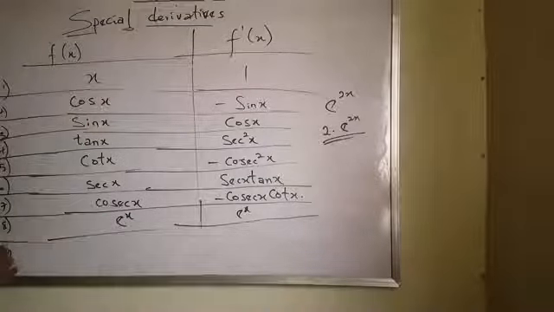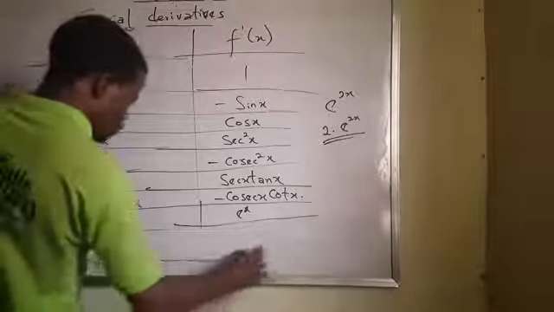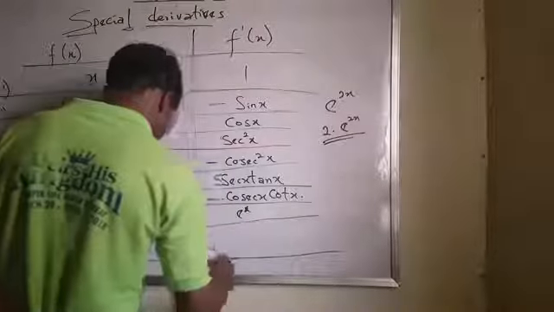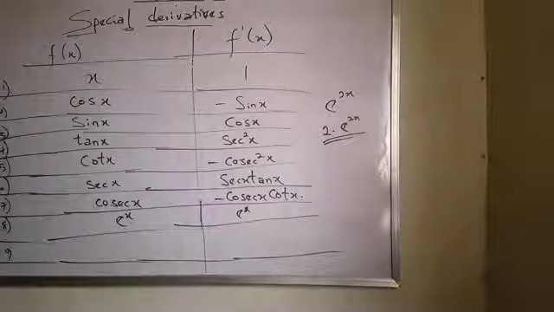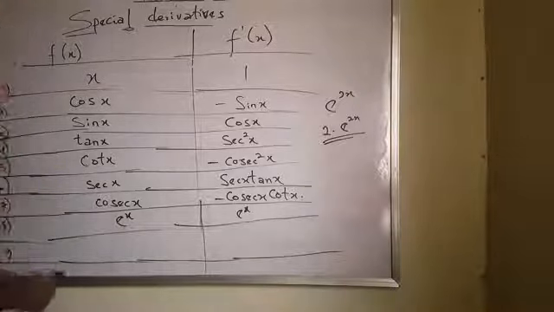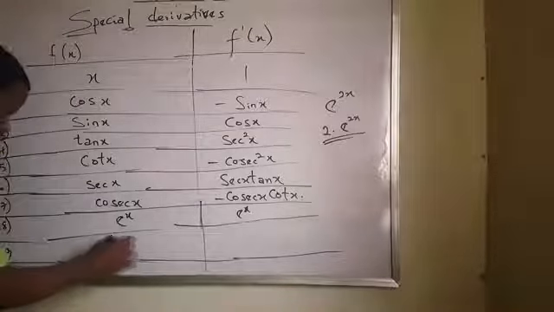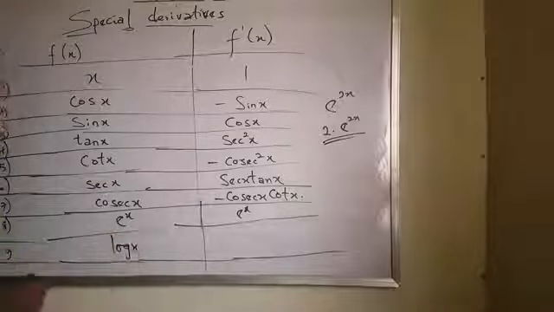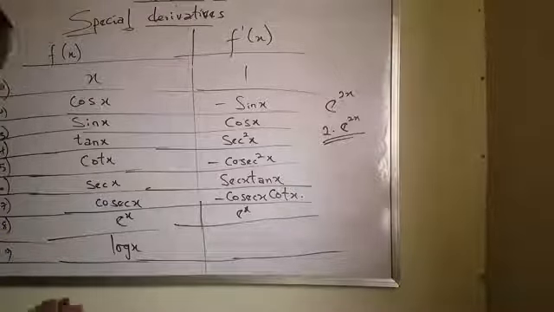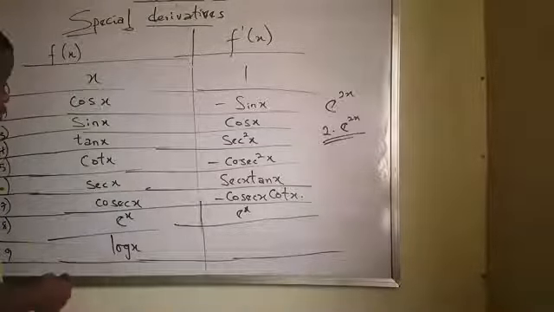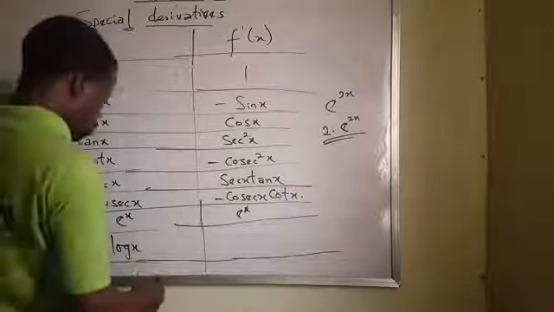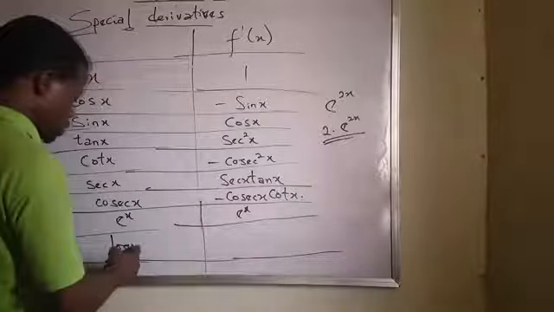Then 9. Let me include 9. Let me see if I have other functions I can include. Yes, we need more special functions. Okay, I don't think I have one here. So let me just put the one I remember. You have log x. So what do we have? This one, if I find the derivative, you have 1 upon, differentiate this.